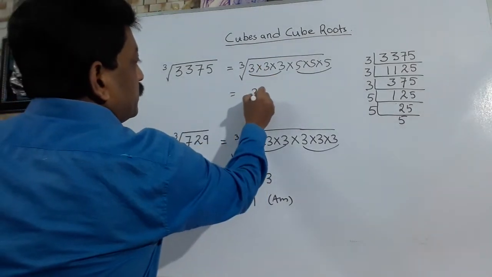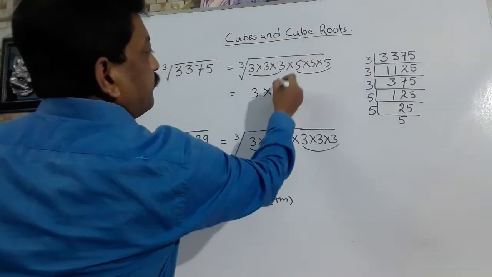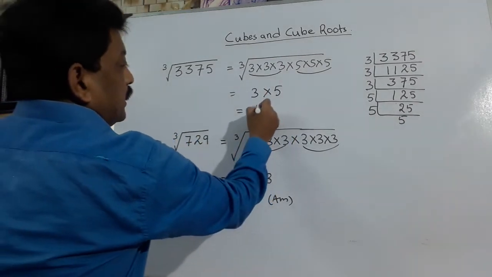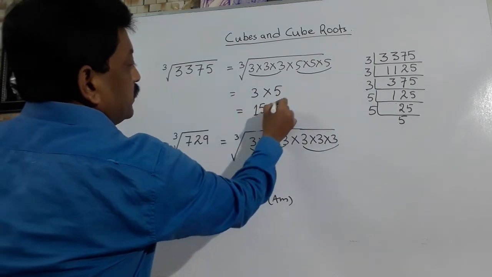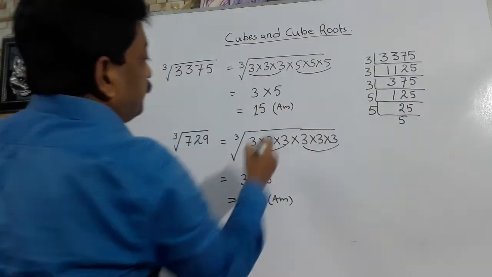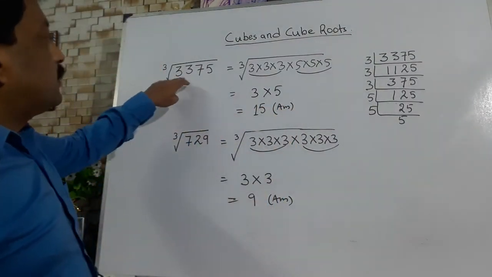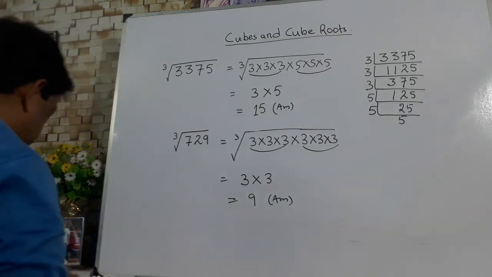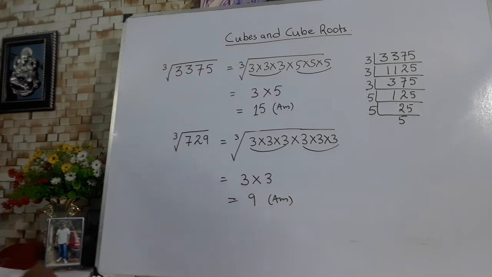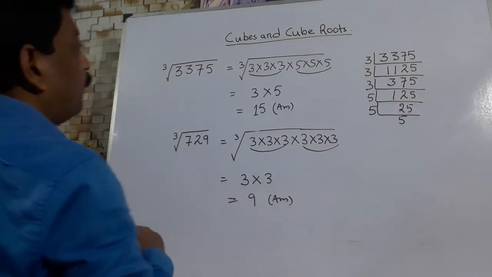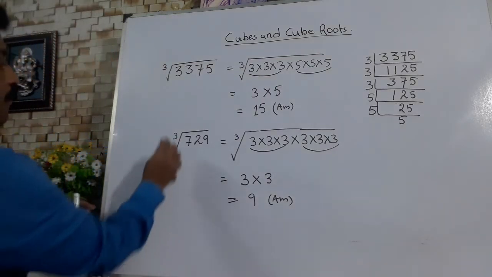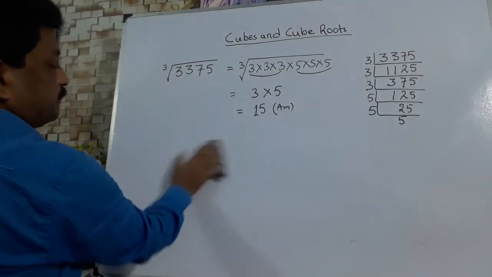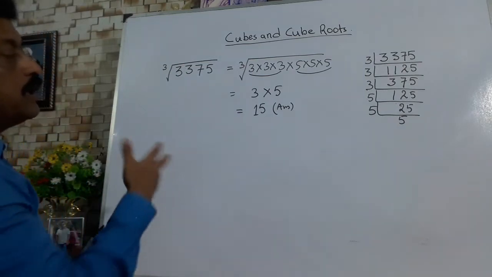So it will be 3 from this triplet and 5 from this triplet. So they will be multiplied. 3 fives are 15. 15 is the answer. That is, 15 is the cube root of 3375. Understood? Nice. Just quickly go through the process.